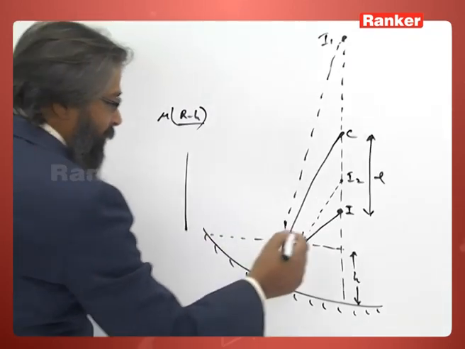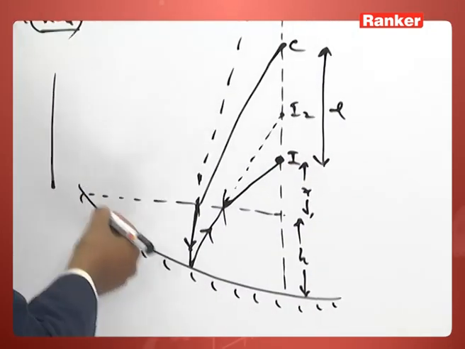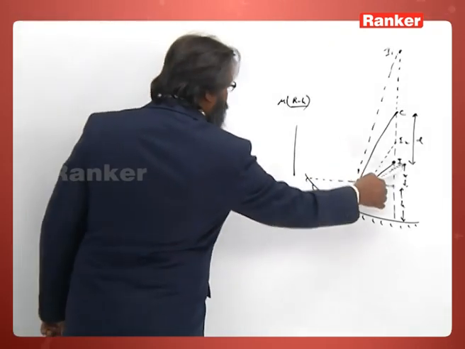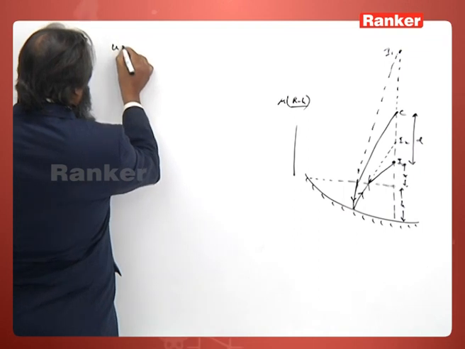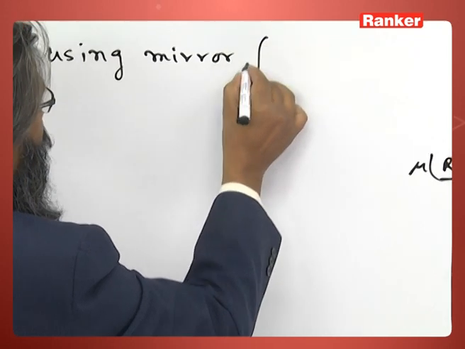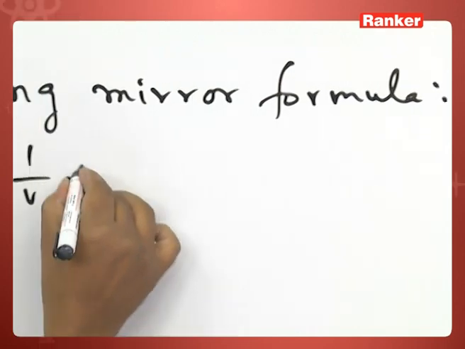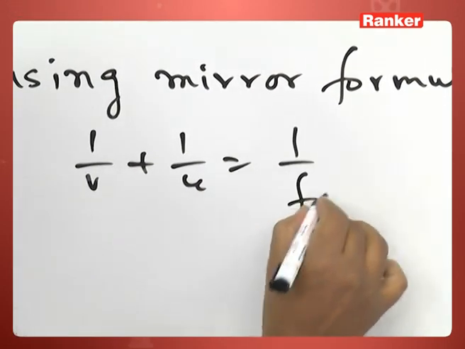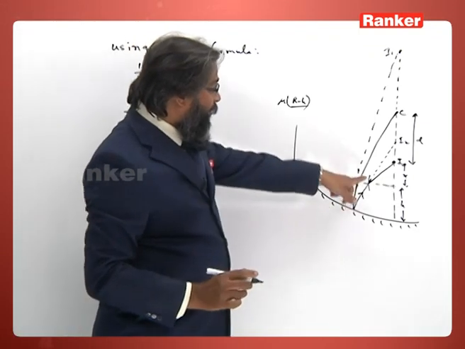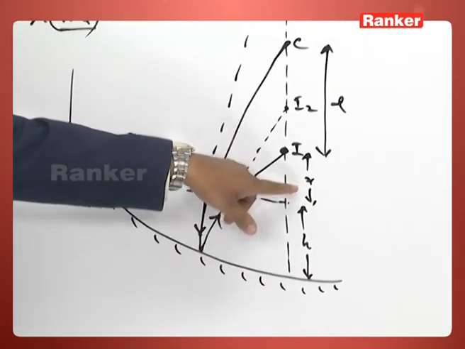Now let us assume that this distance is x. We use the mirror formula to get this point I. Using the mirror formula, 1 by v plus 1 by u is 1 by f. Because of the mirror, the image is formed at I2. That means if this is x, then this is mu x.